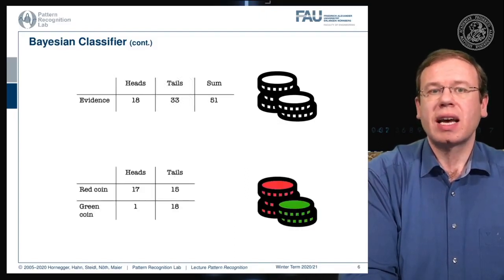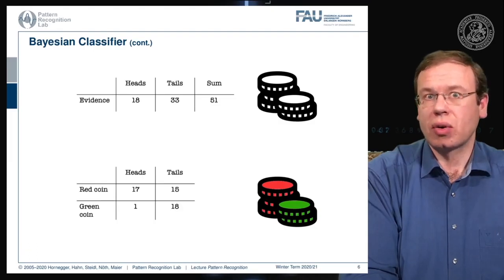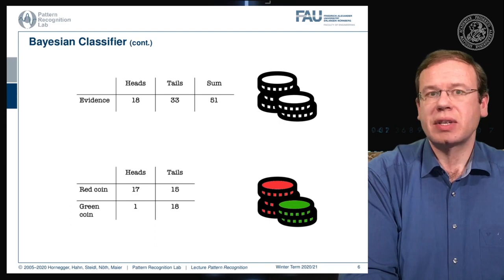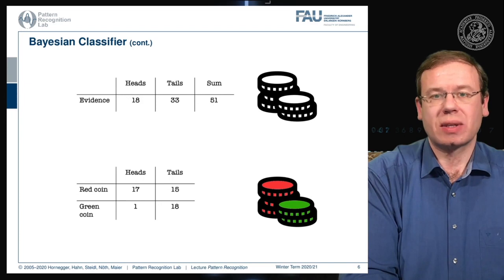So I have a red coin and a green coin. Now the red coin is producing 17 times heads and 15 times tails, while our green coin is producing heads only once and tails 18 times. So the green coin is heavily biased towards tails.